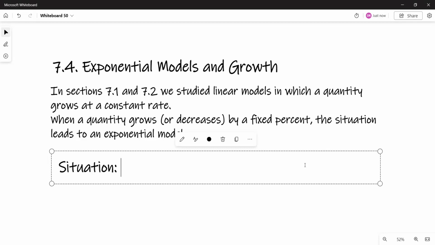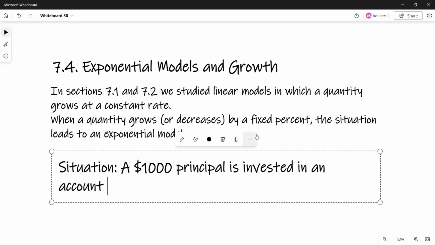Let's suppose that a $1,000 principal. A principal is an initial investment or an initial deposit. A $1,000 principal is invested in an account paying 8% interest per year.